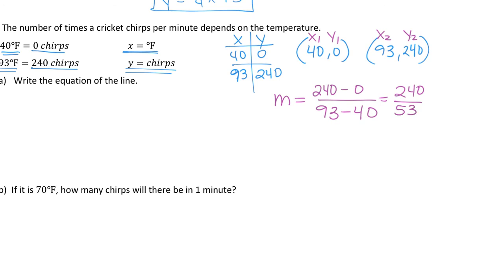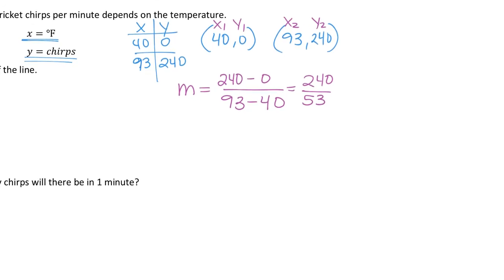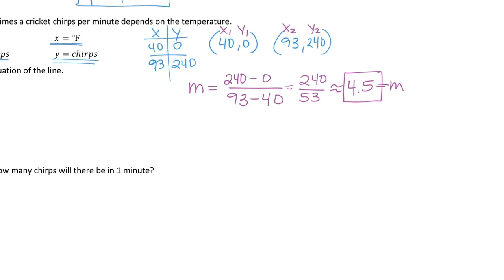Now, the nature of a problem like this is that's a very strange slope, right? And because it's a real world problem, we typically will just round this. So if you plug that into your calculator, 240 over 53 comes out to about 4.5. Okay, for the sake of this problem, we're just going to say our slope is 4.5. We're going to round it.